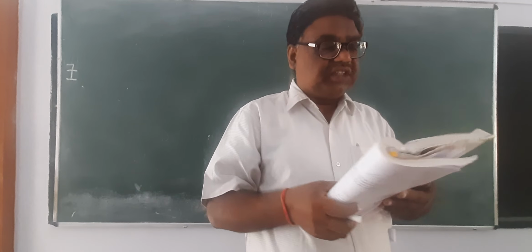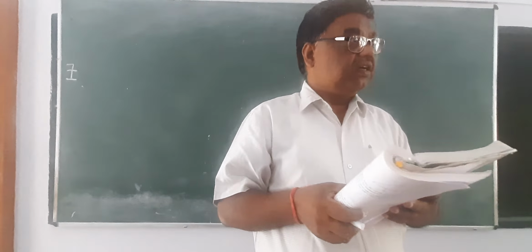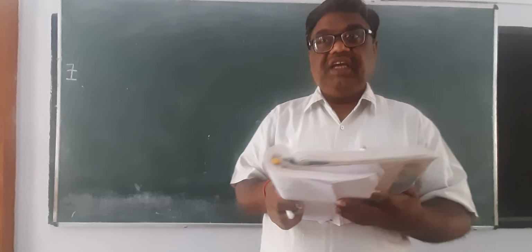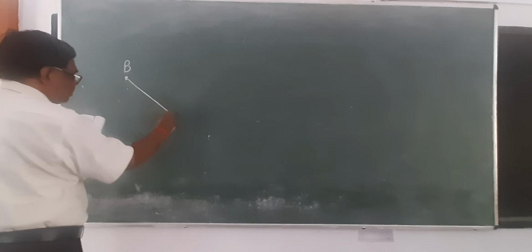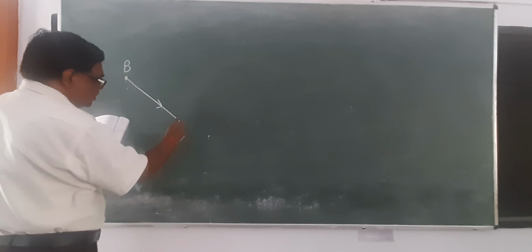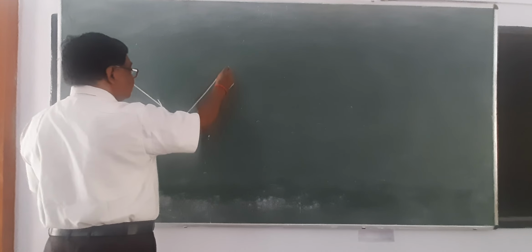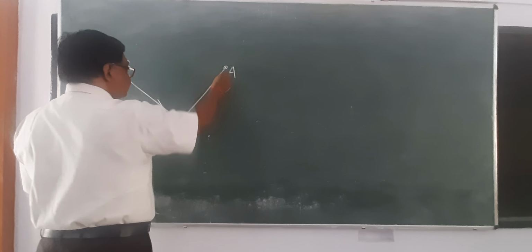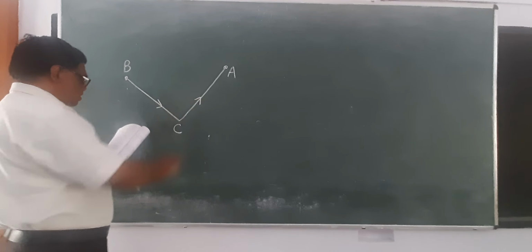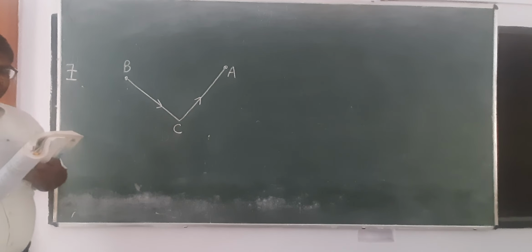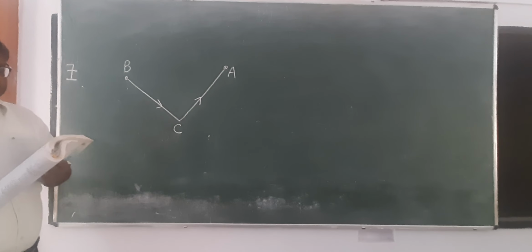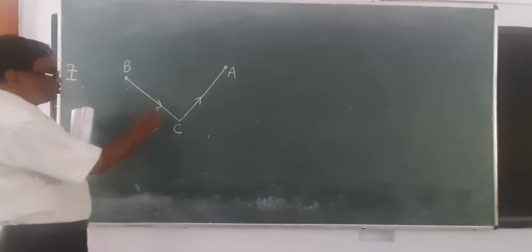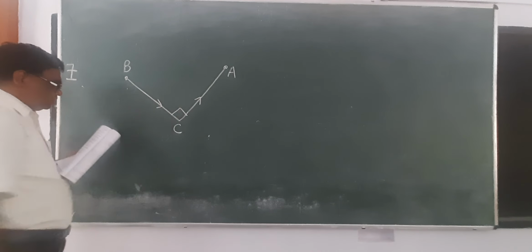For going from city A to city B via city C, first from B we go to C and from C to A, such that AC is perpendicular to CB.